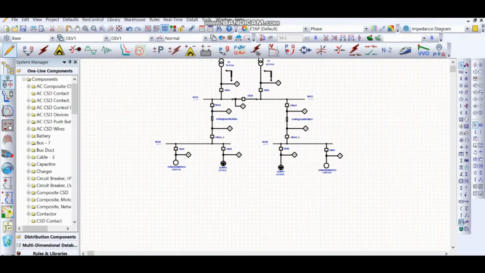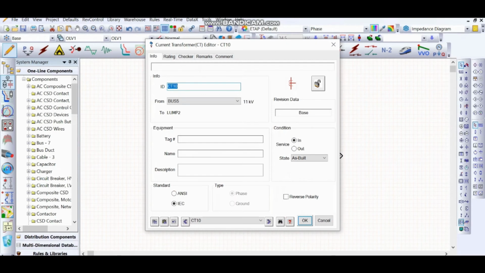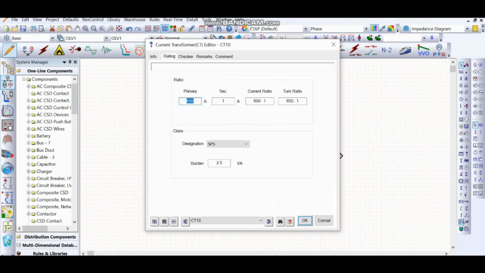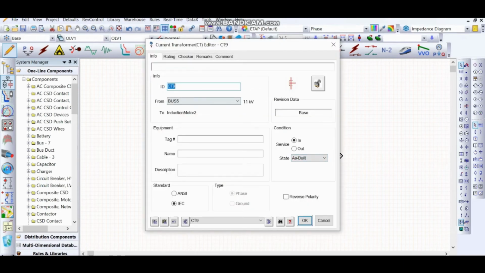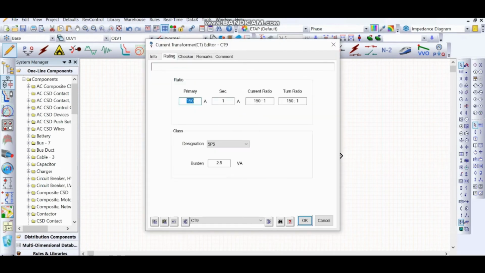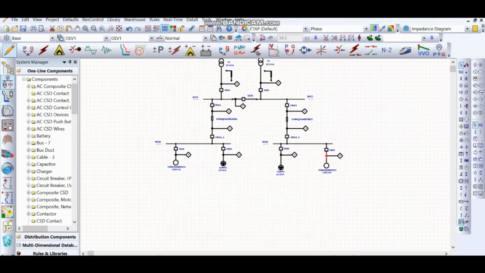So this is the setting for relay 12. This is the ratio, then the class designation. And for the last relay, relay 13, this is the ratio and class designation.